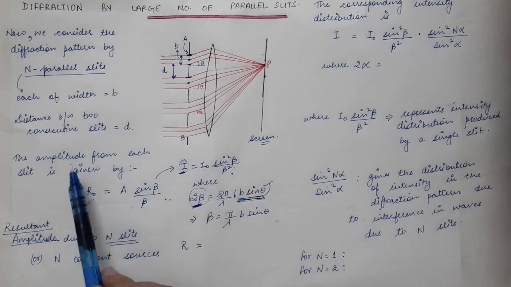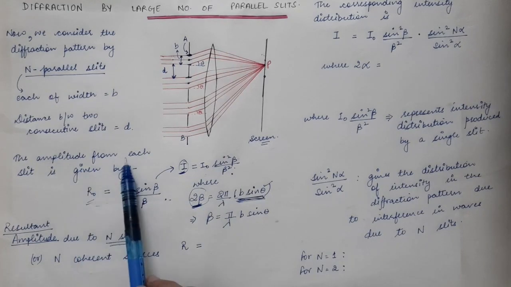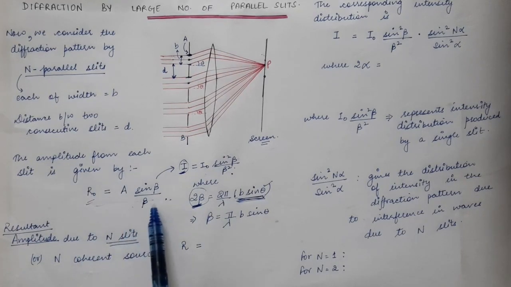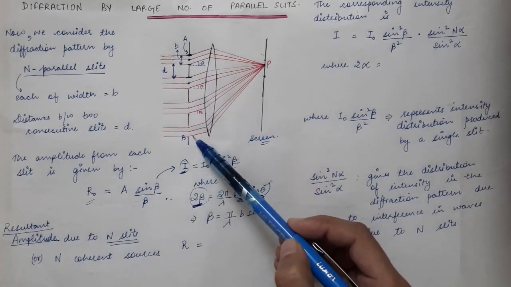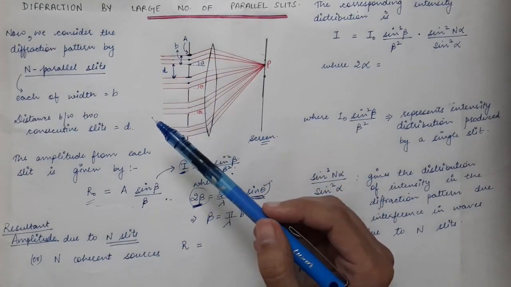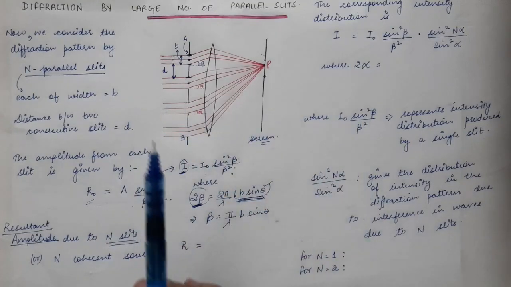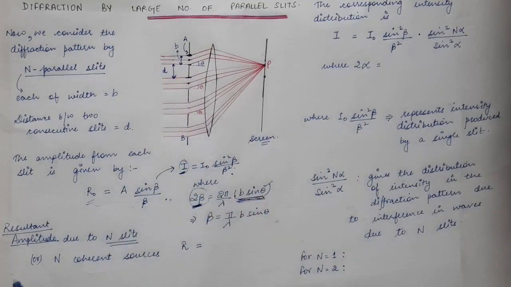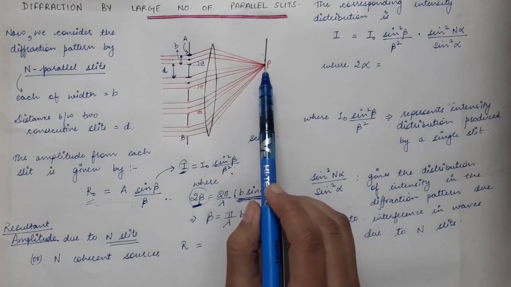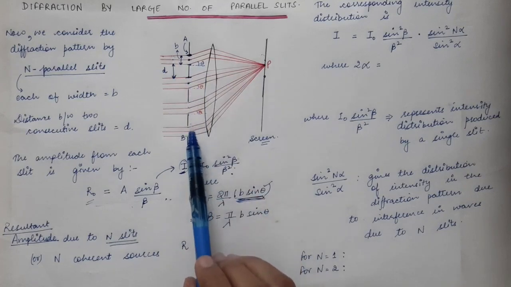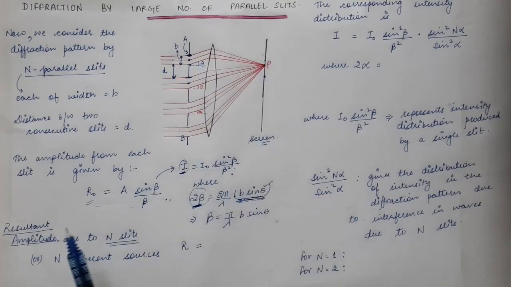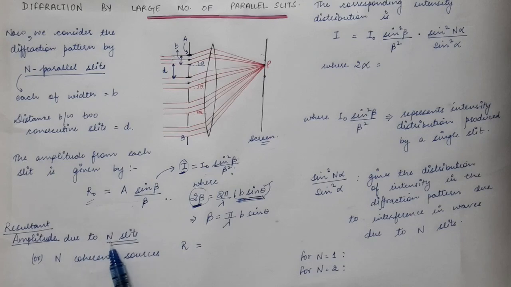So this is the amplitude due to diffraction at a single slit. But now we have n parallel slits, so here we have to take into account the interference of light from all these slits. At point P you will get the resultant amplitude due to all these light rays reaching point P, the resultant amplitude due to n parallel slits, or you can say n coherent sources.